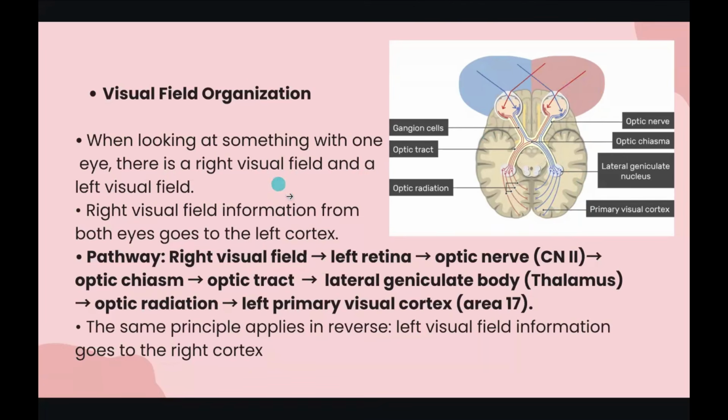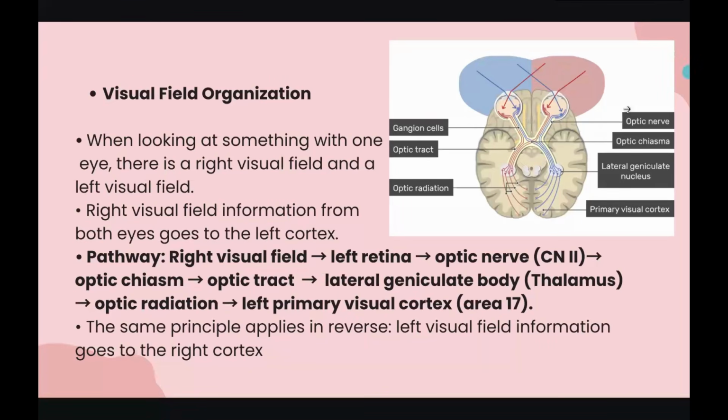So basically, the pathway first starts with the visual field. For the sake of this example, we're going to use the right visual field, the right visual field of both eyes. So let's say you're looking normally in front of you, but again, from every eye, the image is cut in half. There's a right and there's a left.